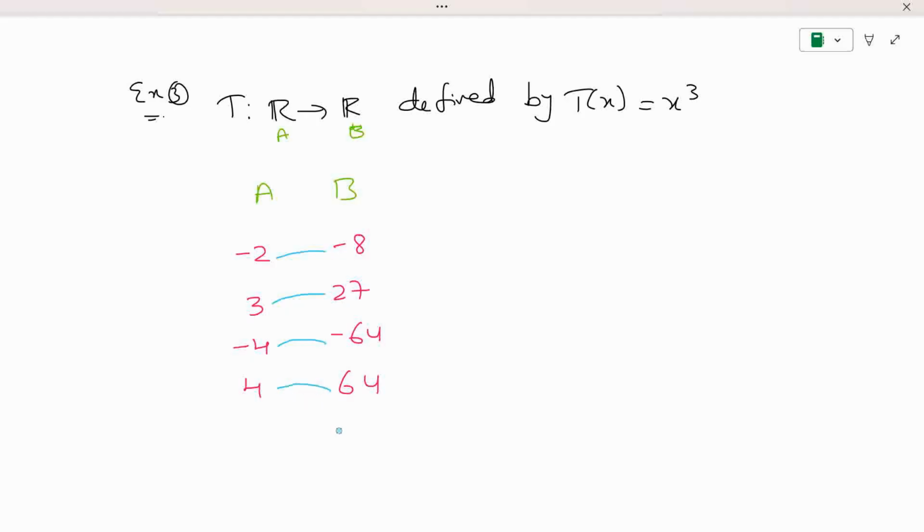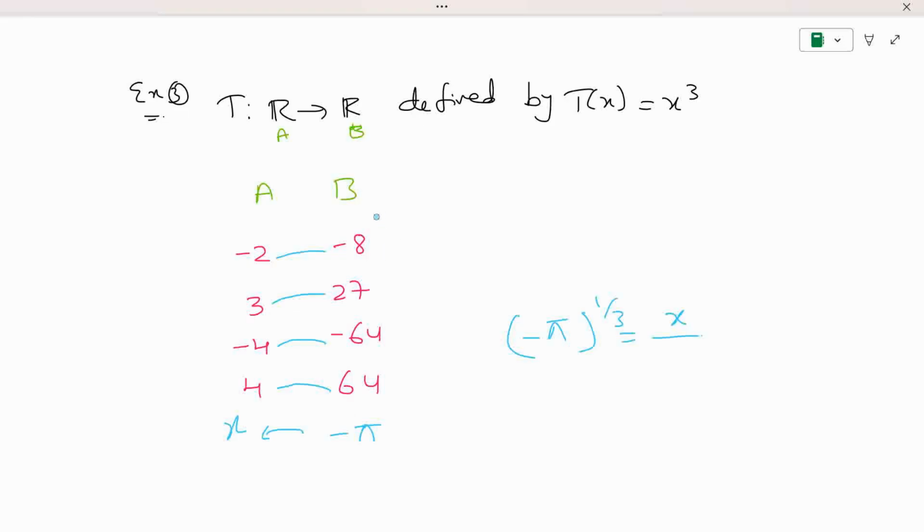And for some other number, for example some rational or irrational number, suppose I take an irrational number -5, when I take the cube root, I will get some value here. So there exists some value, let's say x.